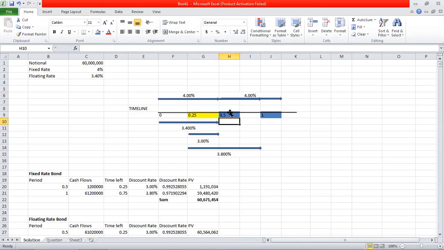So the fixed rate, we definitely know the cash flows. We definitely know that in 6 months' time, I'm going to get a 4% rate, and in another 6 months' time, I get a 4% rate.